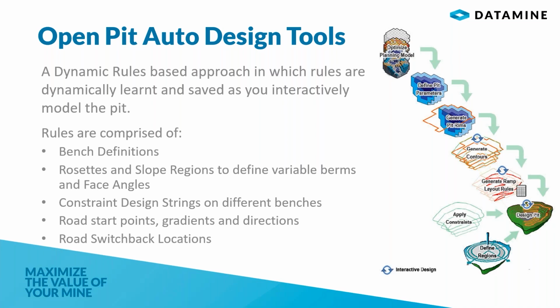After that, you can create pit rims, then contours, and you can put the ramps within the pits. You can also use different slope angles and berm widths within the same pit using regions, the planning model, lithology, etc.